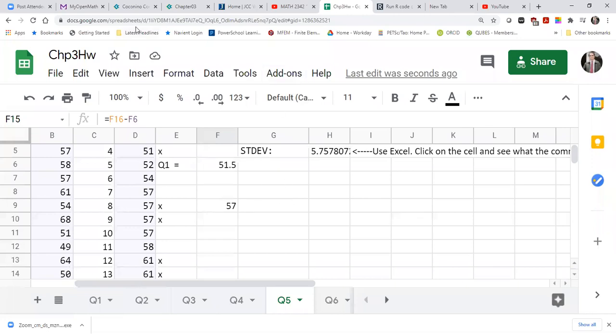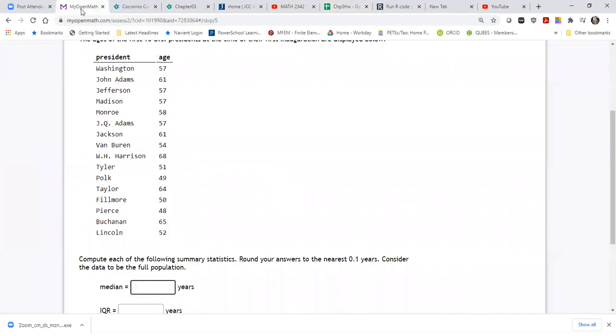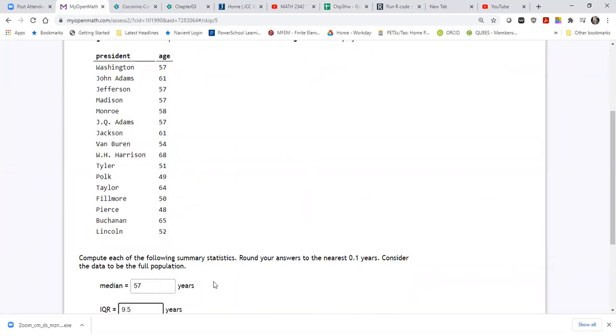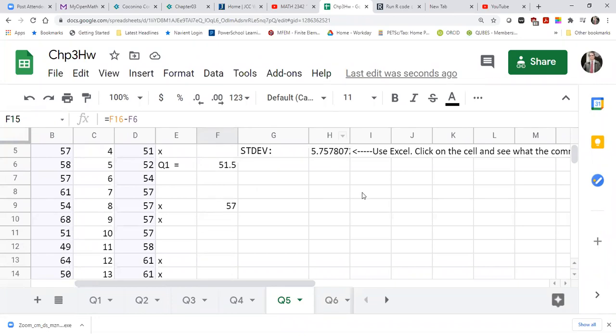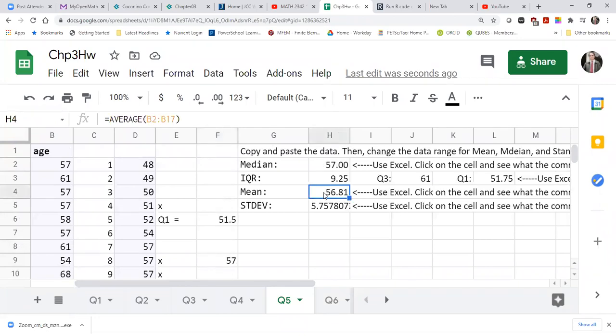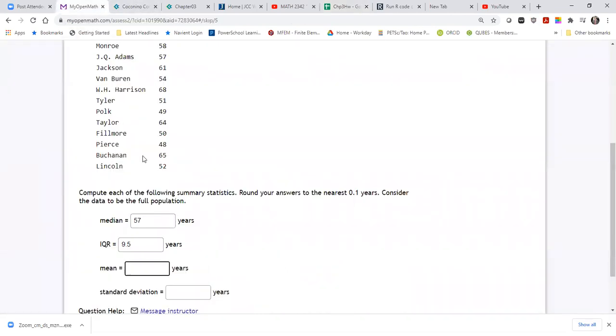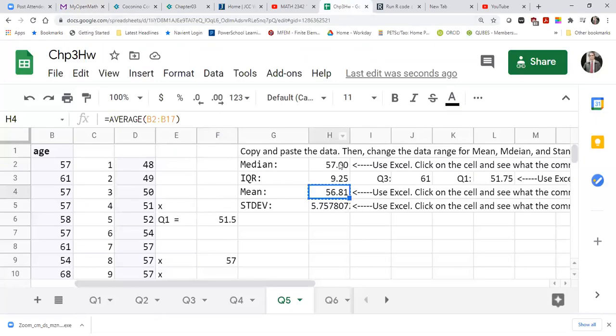So the median is 57. The IQR is 9.5. And then the mean will be this one, and the standard deviation will be this one.